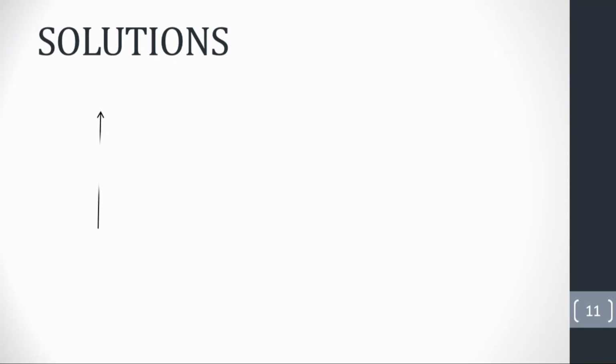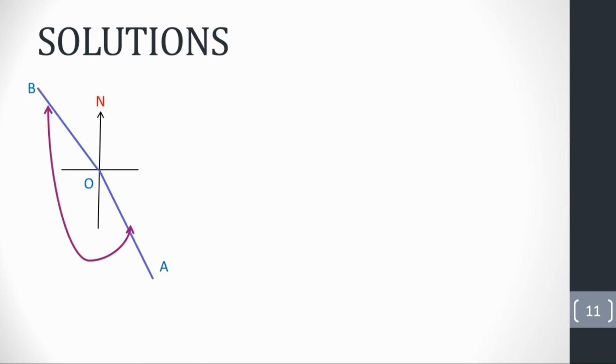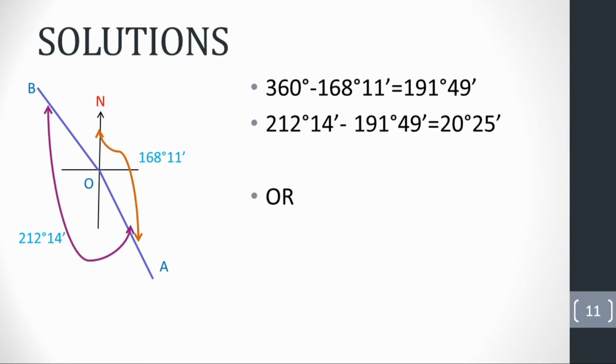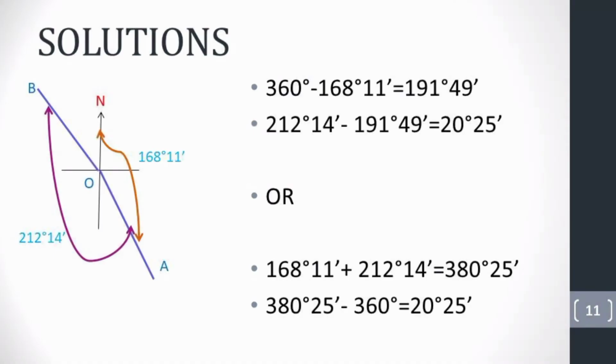Now we go ahead to our third reading. Bearing OA is 168 degrees 11 minutes, and the angle AOB is 212 degrees 14 minutes. I've gone ahead and illustrated that. For the bearing of OA, we have 168 degrees 11 minutes. I'll use 360 minus our angle there.